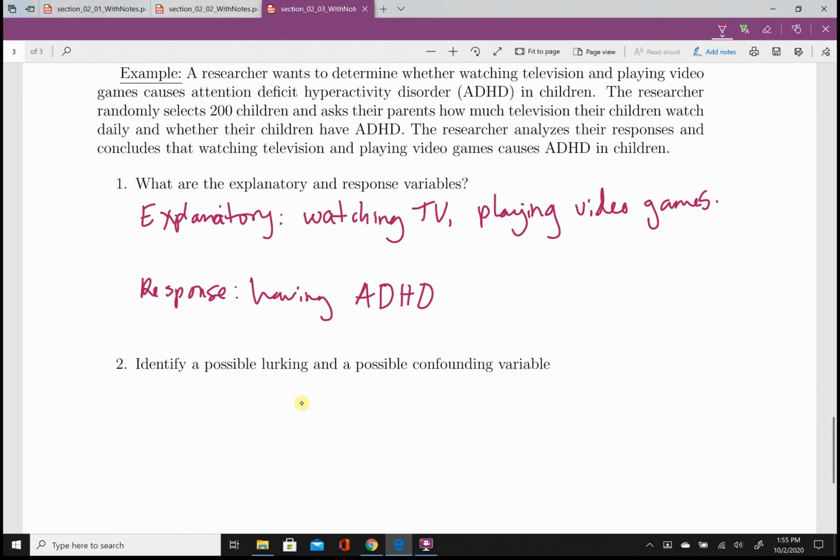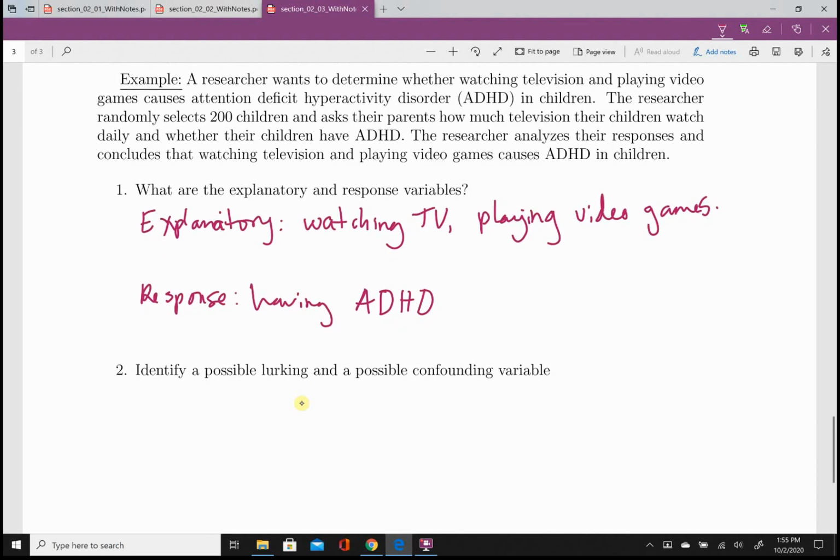So what do you think might be an underlying element that could be swaying this study one way or the other? They said that they believe there's some causation here, that watching TV and playing video games is causing the ADHD.